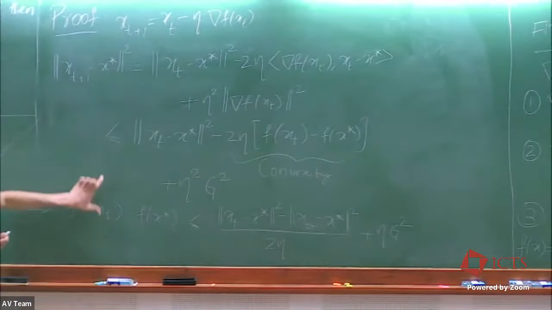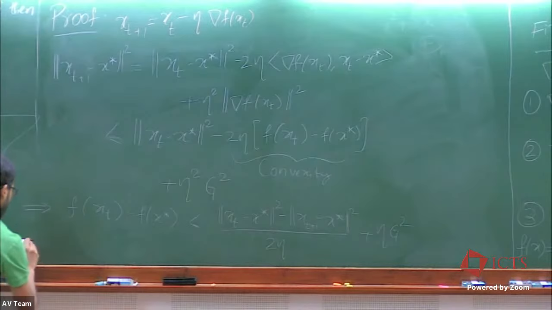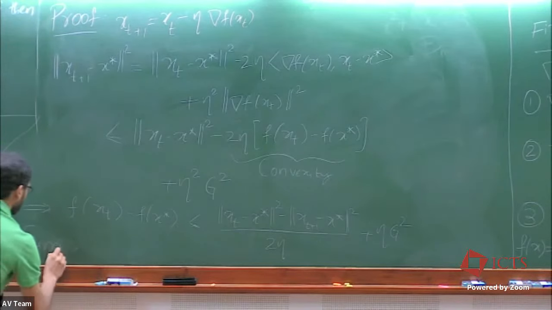Just rearranging this gives us this, and then we just sum over T and average.